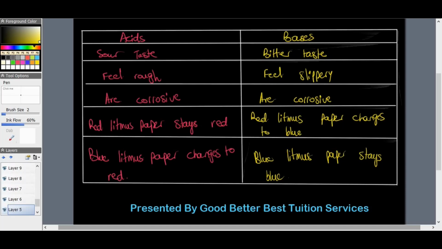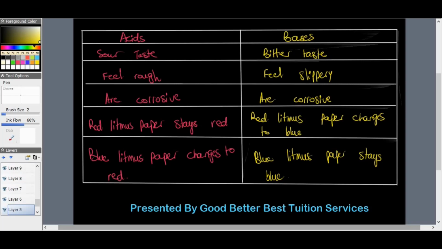Then we use what we call litmus paper, if we remember. Litmus paper is basically paper that is used to check whether a substance is acidic or a base. We have two types, blue and red. If you dip your red litmus paper into an acid, it will stay red.